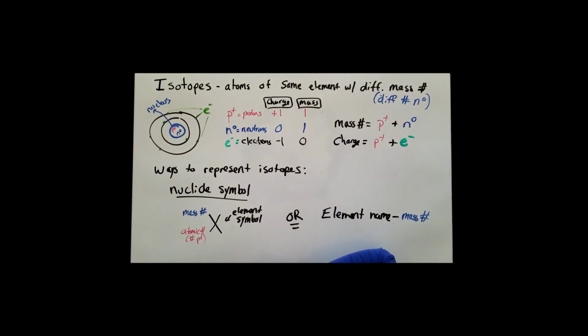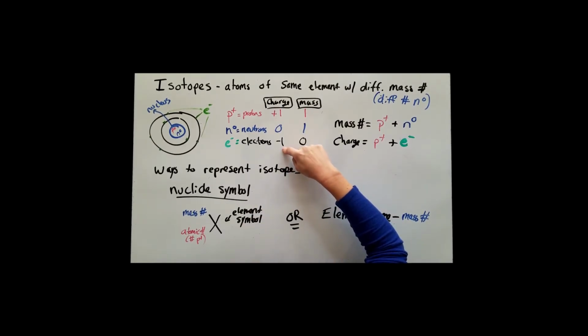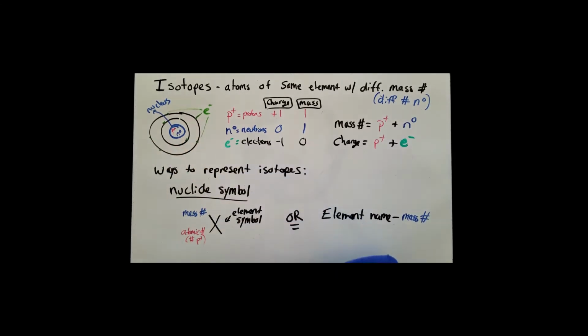The reason is that electrons have a negative charge, the nucleus has an overall positive charge, and we know that opposites attract. So those negatively charged electrons are attracted to that positive center nucleus, causing them to orbit it.